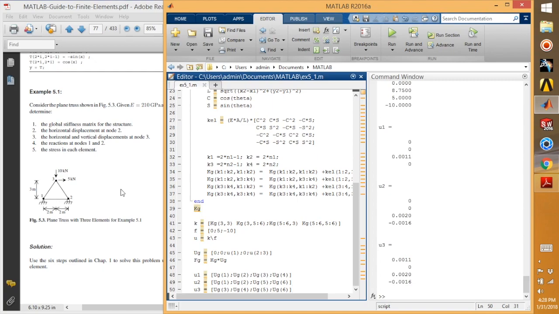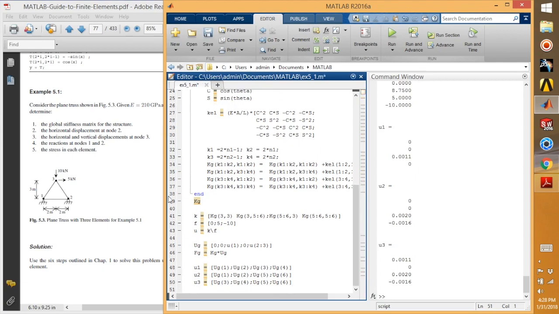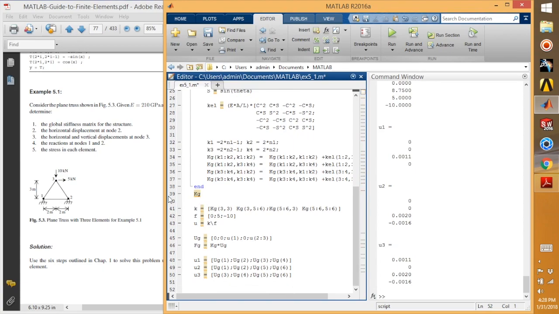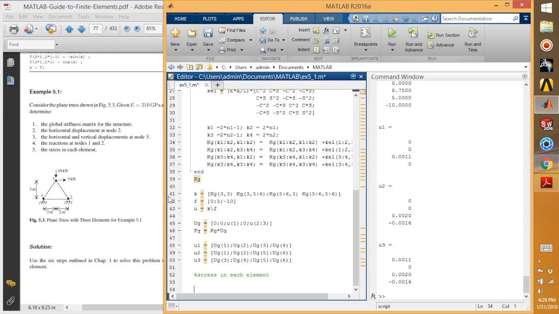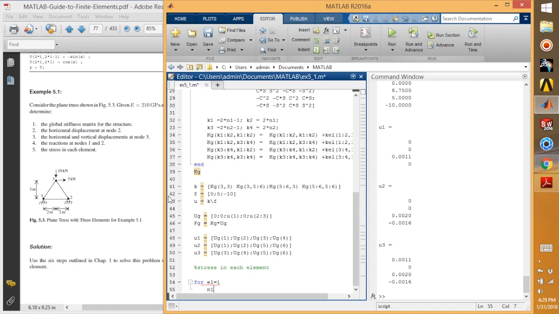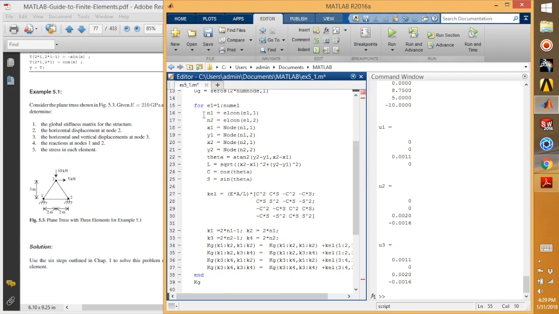Now the last part, we are going to find the stress in each element. For finding the stress, I'm going to use a little bit of a for loop. So for element equals 1, and the rest is the same as from here, you can copy till sin theta.